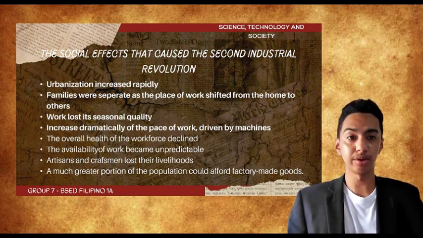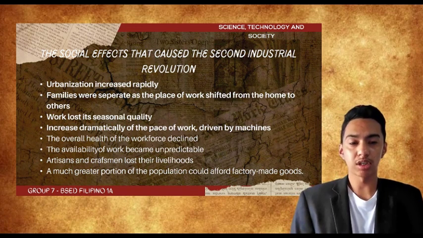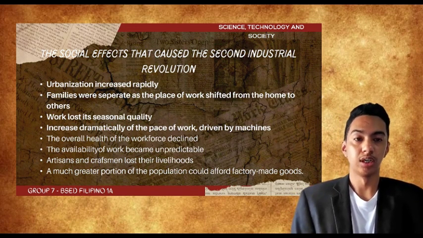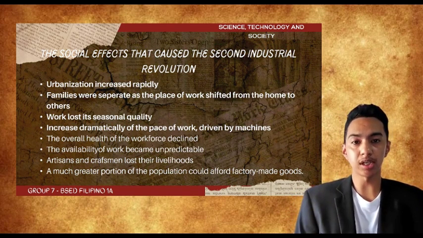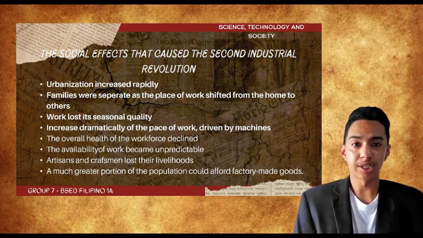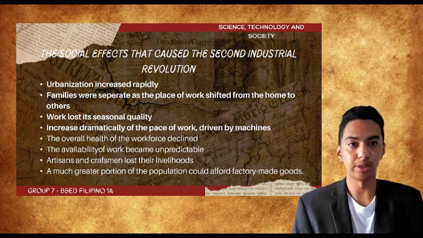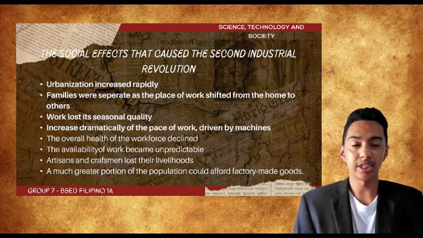Good day everyone, I am your presenter for this part, the social effects that caused the Second Industrial Revolution. Number one of the social effects is that urbanization increased rapidly. Families were separated as the place of work shifted from the home to others. Work lost its seasonal quality.